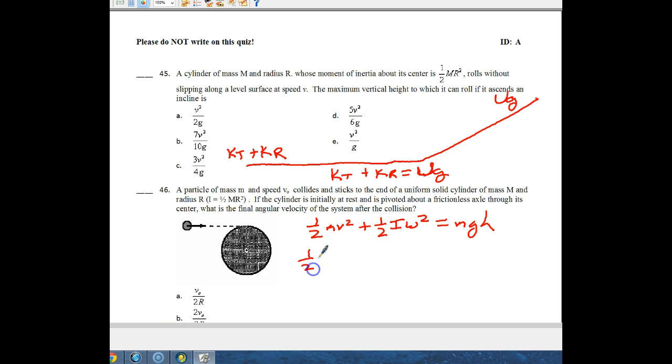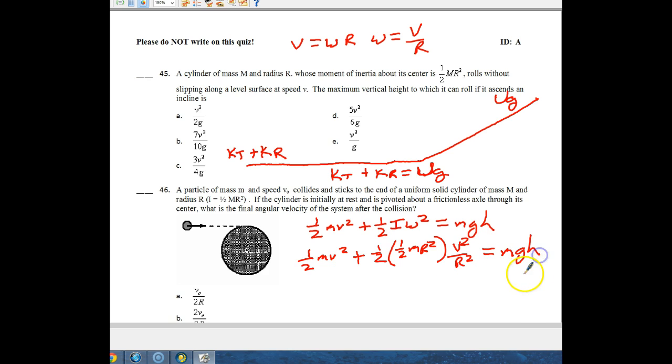At this point we need to go ahead and plug some things in. We know that 1/2 mv squared is translational. This is 1/2, and then I, they told us, is 1/2 mr squared, and then omega, well remember omega times r is equal to v. So if I solve this for omega, I get v over r. So for this omega, I'm going to put in v squared over r squared, and that all is equal to mgh.